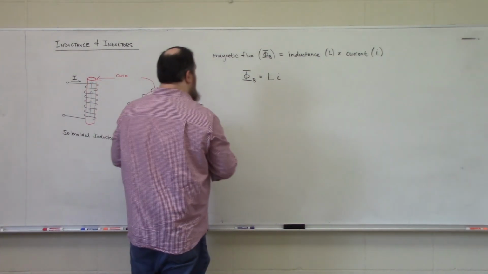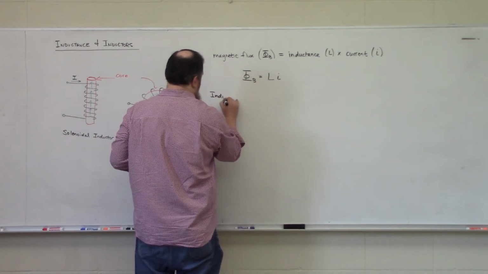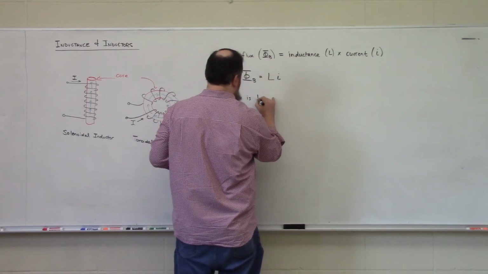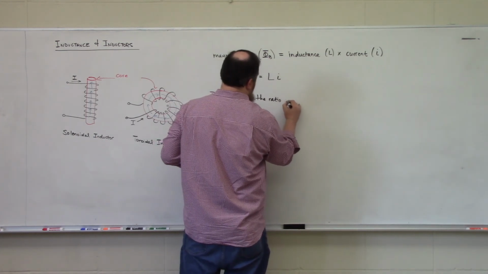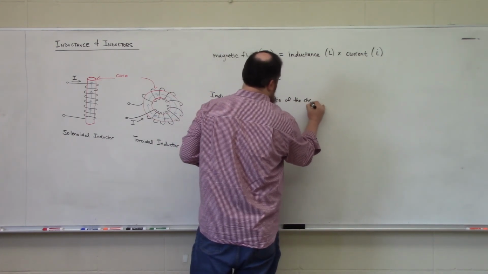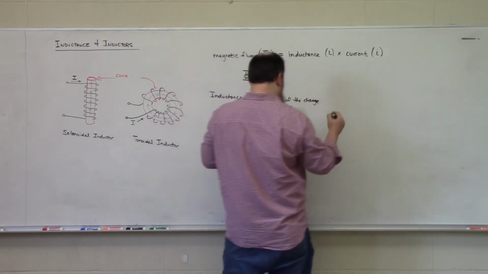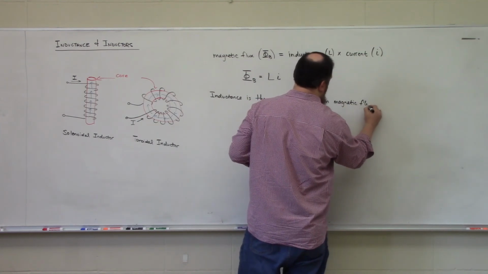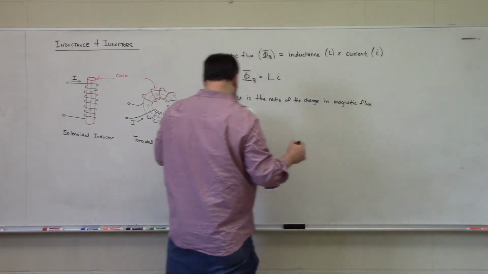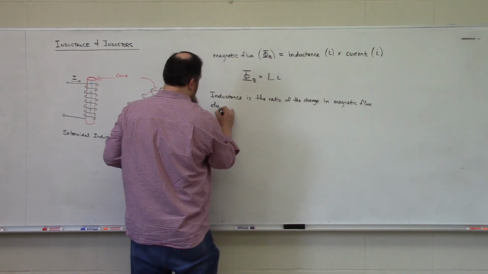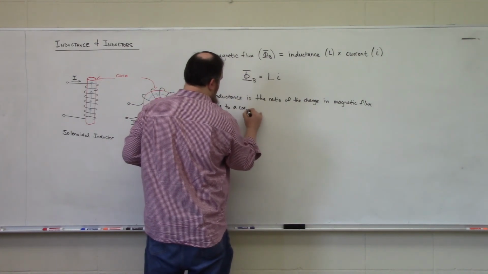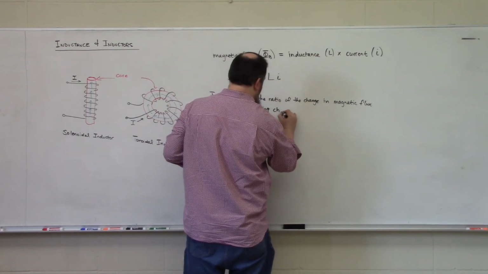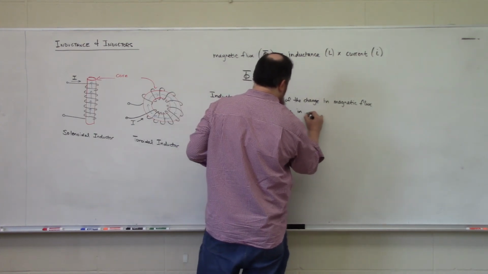So from this, we can define inductance as the ratio of the change in magnetic flux due to a corresponding change in electric current.